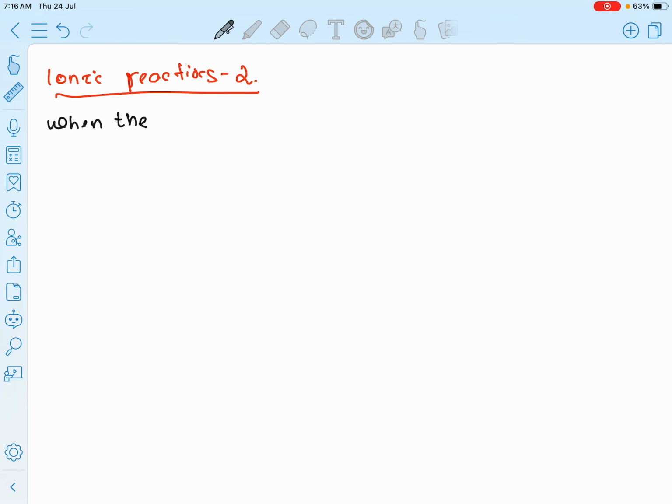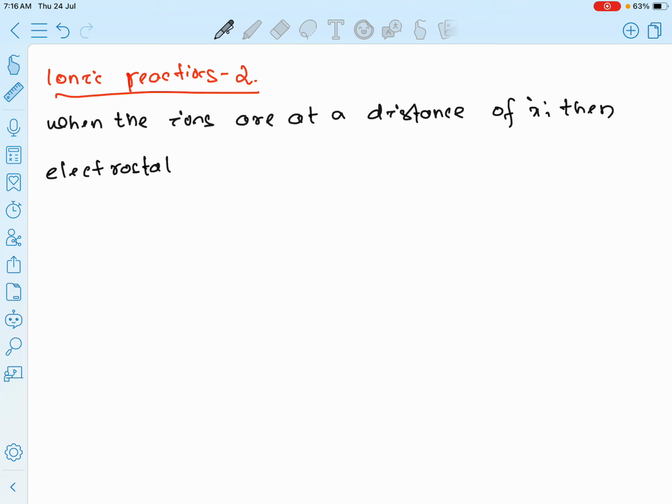When the ions are at a distance of x, then there are electrostatic forces between them.